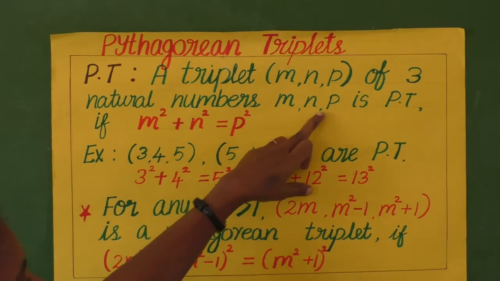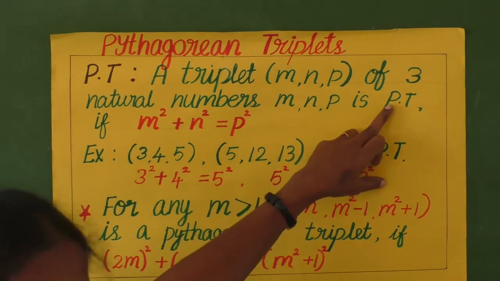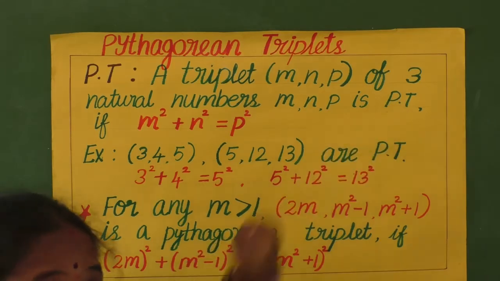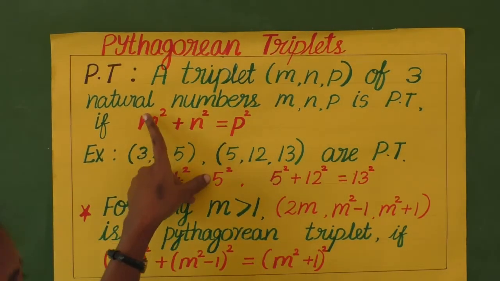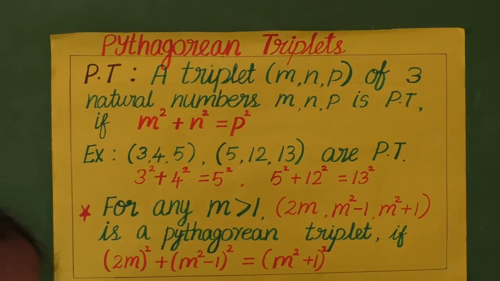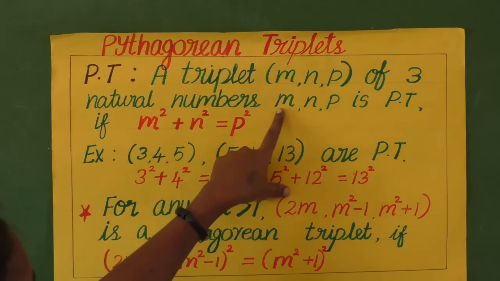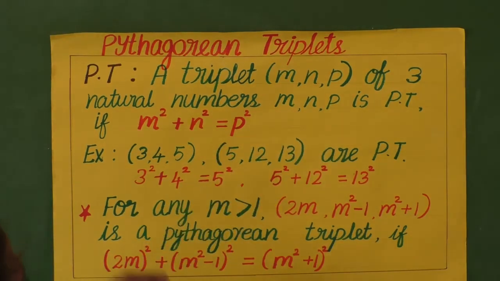Here m, n, p is called a Pythagorean triplet if it satisfies this condition. What condition? If m square plus n square equals p square. There are three numbers, three natural numbers. m, n, p are natural numbers. Okay.